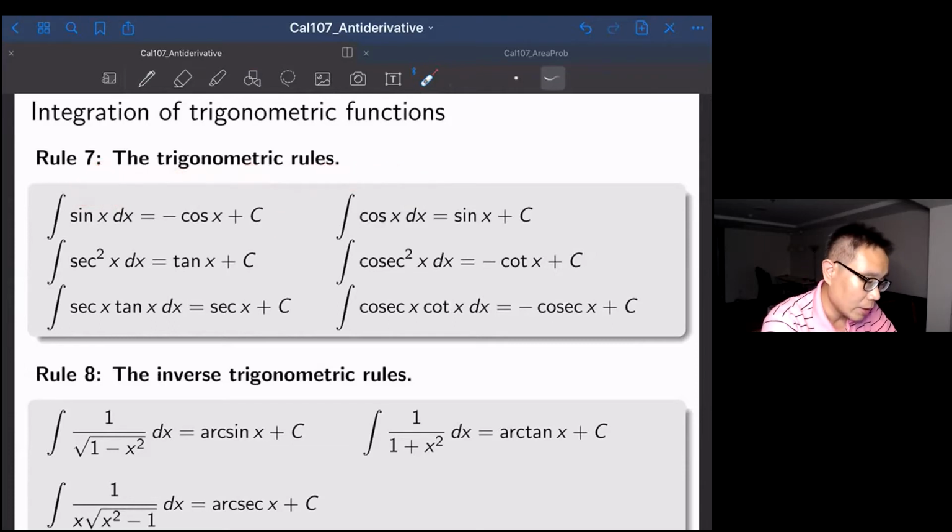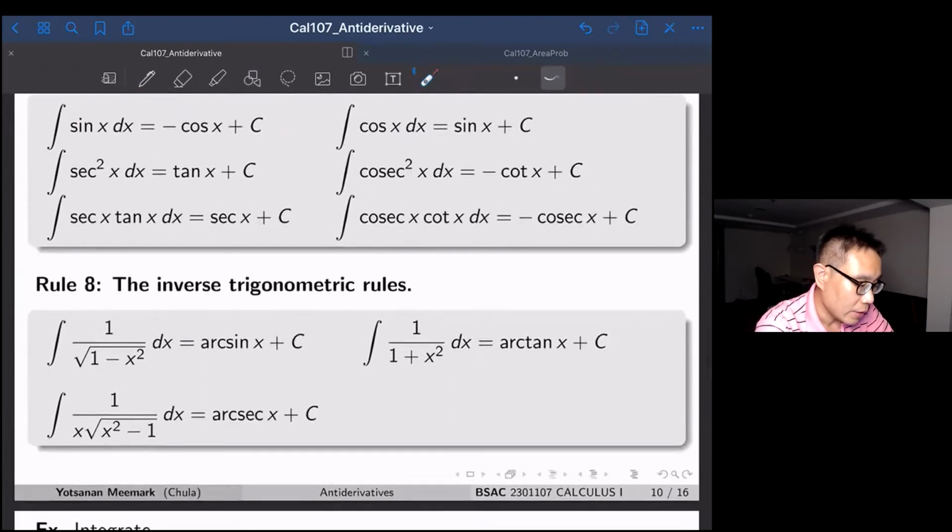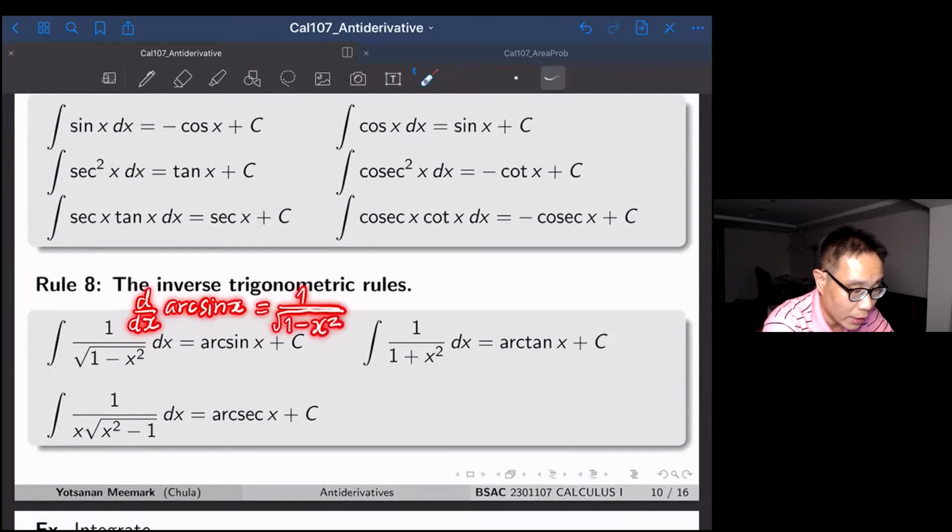And we have learned before that the derivative of tan is sec squared, so integrate sec squared is tan. That's a backward formula. And the derivative of sec is sec tan, so you integrate sec tan, you get sec. And we learned about the derivative of arcsine x, which is 1 over square root of 1 minus x squared. So integrate 1 over square root of 1 minus x squared is arcsine x.